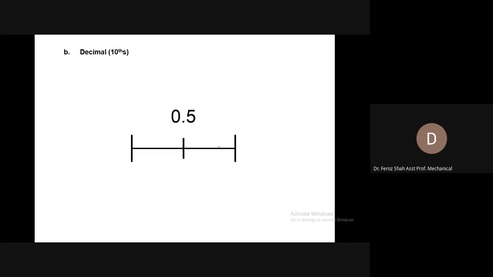Now, further division would not be possible with the help of perpendicular bisector because each of these line segments, from here to here, will further be divided into five divisions, not four. Four is possible through perpendicular bisection, but five equal divisions of a line segment will not be possible with perpendicular bisection.